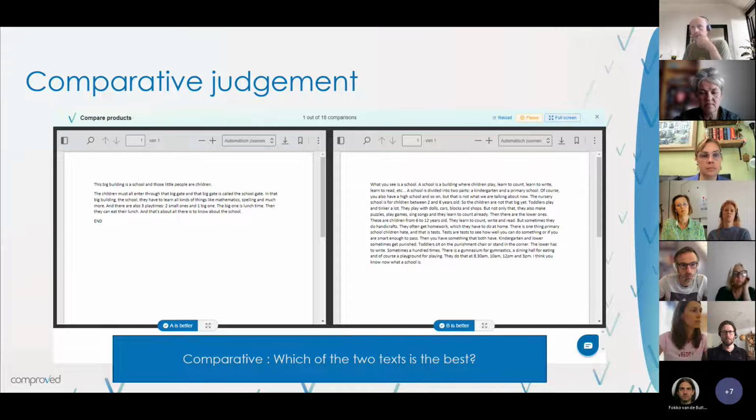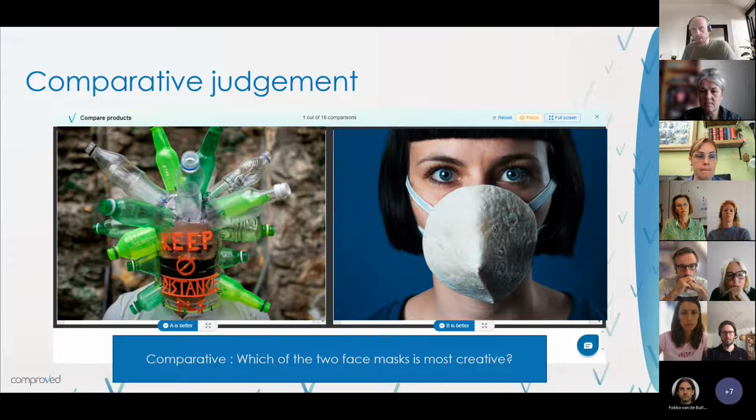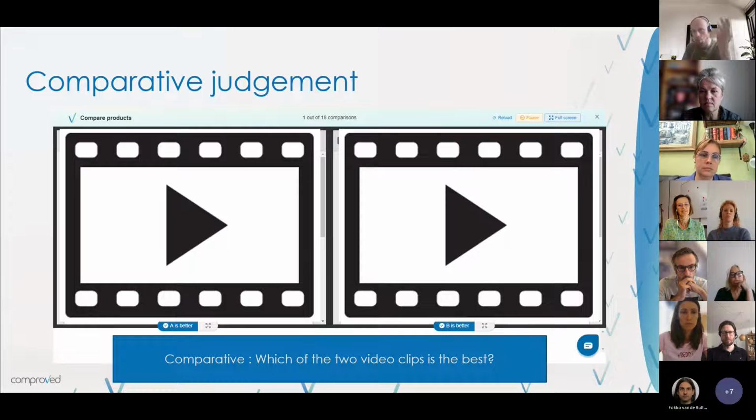In this slide, you see two papers of students. The question is, which of the two texts is the best? You can do it also with images. In this case, which of the two face masks is the most creative, or with two videos, or whatever you like.